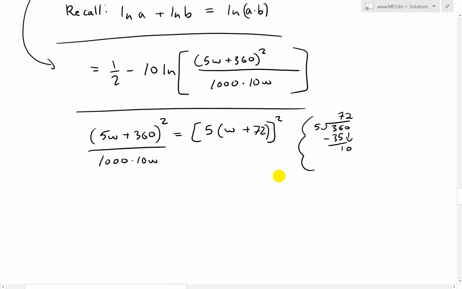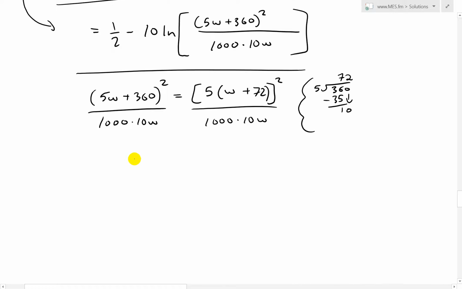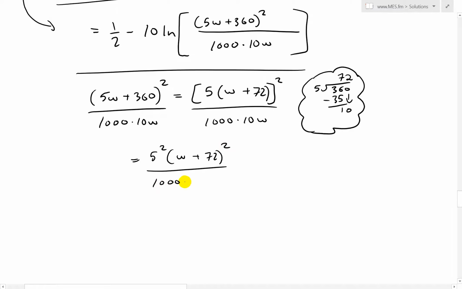So we just took the 5 out. There is a 1,000 here times 10W. And now what we end up having here is this 5 squared, and then times, let's put this in another bracket like that. So the 5 squared is over there, plus 72 squared, and then put this 1,000 there. 5 squared is just 25.